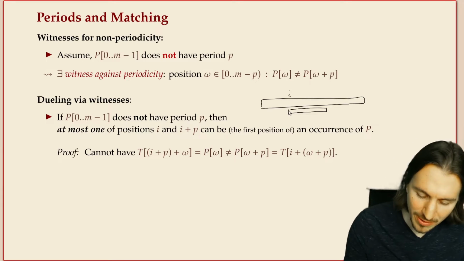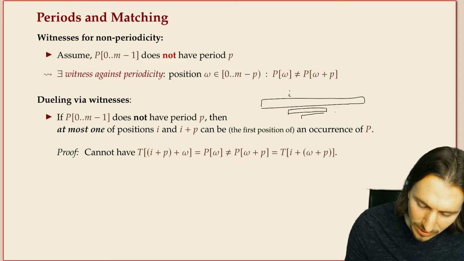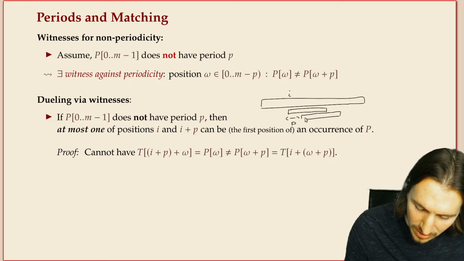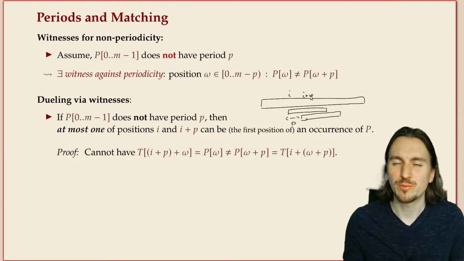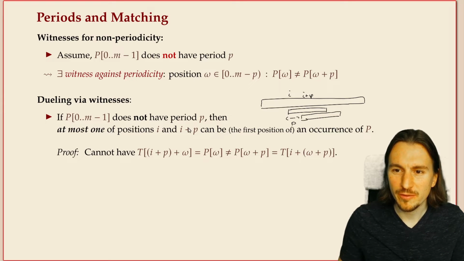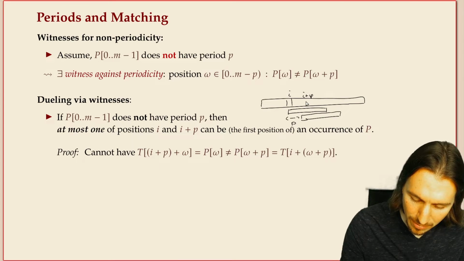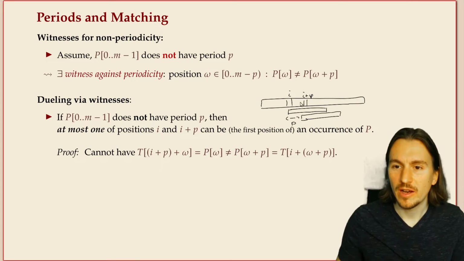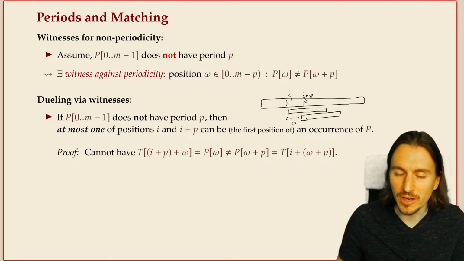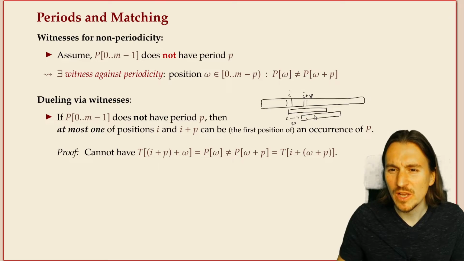Now we also shift the pattern along itself with distance p. So there could be another match at position i plus p. But if the pattern does not have period p, we cannot possibly have both. Either position i is a starting index of a match, or i plus p, but not both.